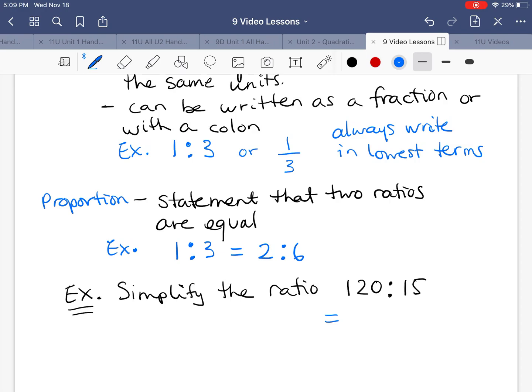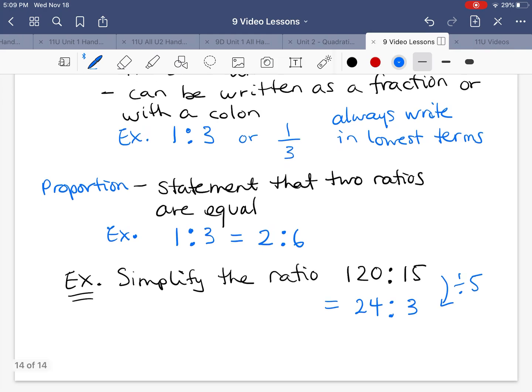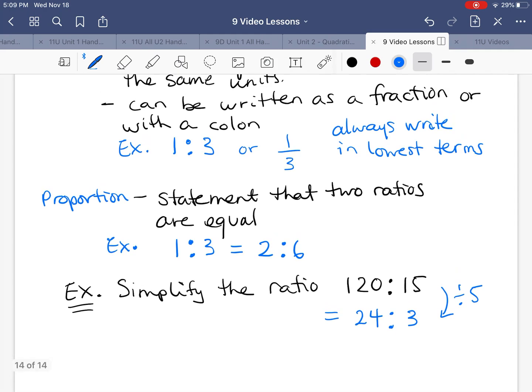If you didn't know it was 15, though, you could use the trick where both numbers end in either a 0 or a 5. So we could divide by 5, and then we would get 24 to 3. And then we would hopefully notice that we could continue to simplify, because we can then divide by 3 and get 8 to 1.